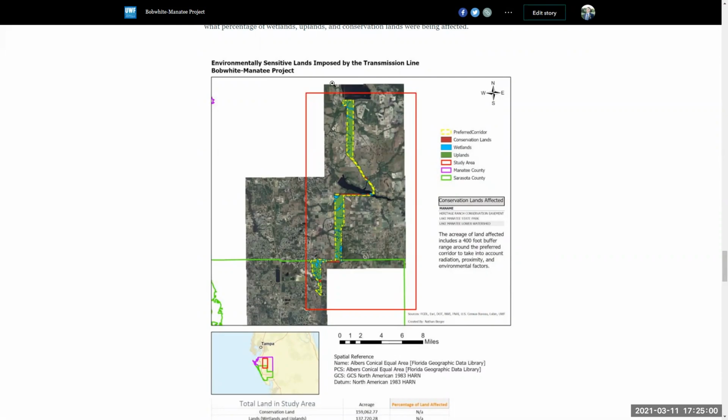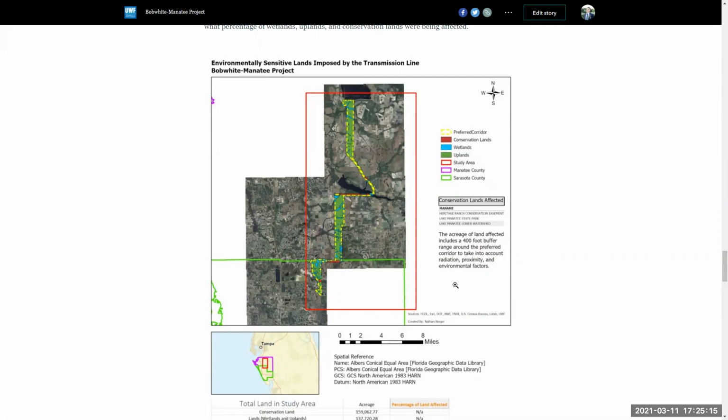So what I did is I outlined my preferred corridor. I got the land data from the NWI study area, and I also got the conservation lands for Manatee County and Sarasota County.